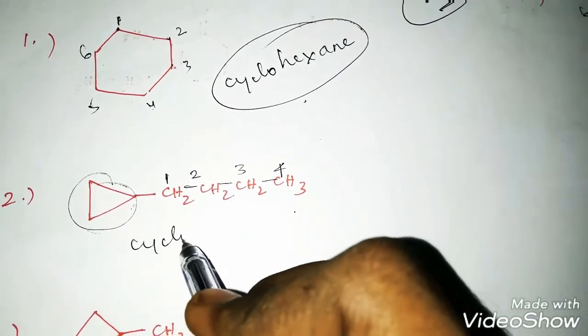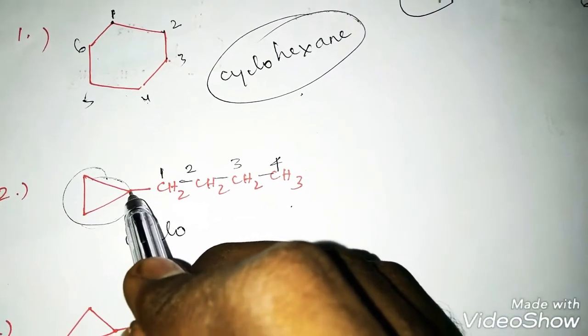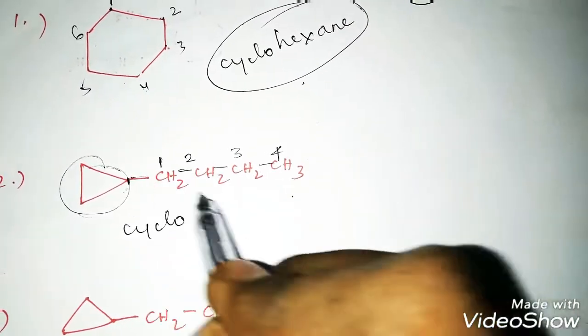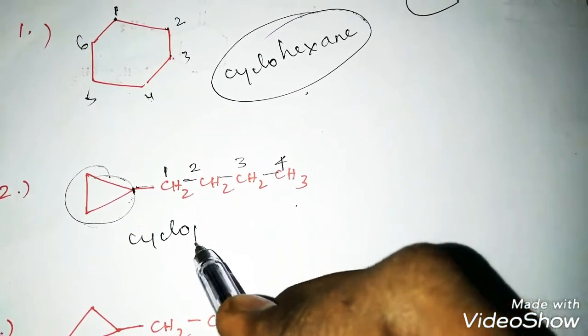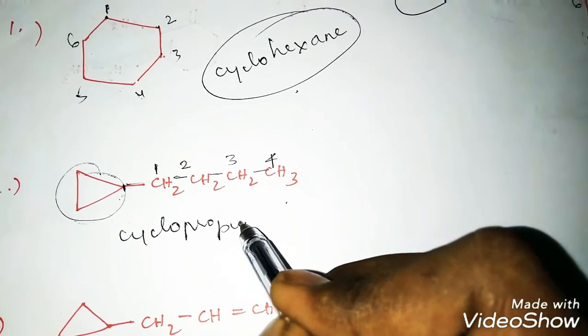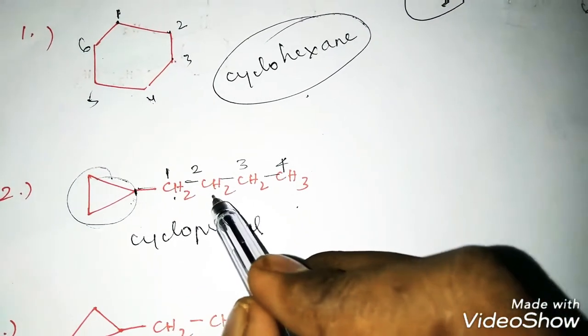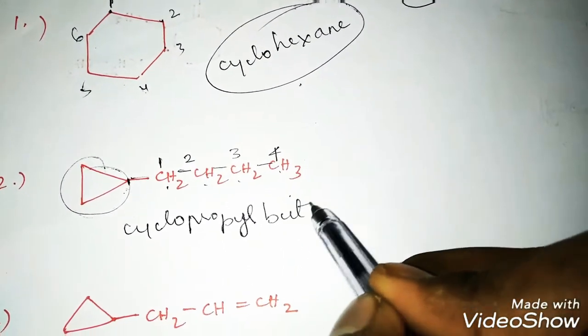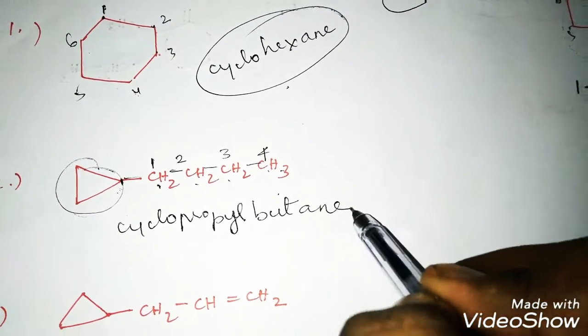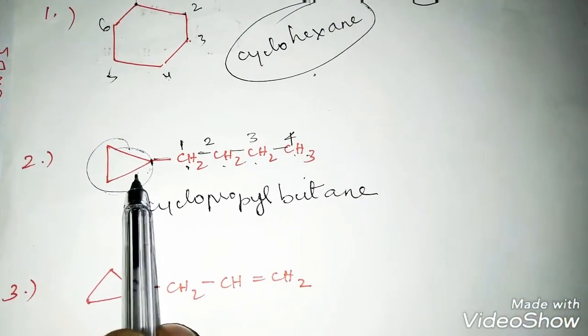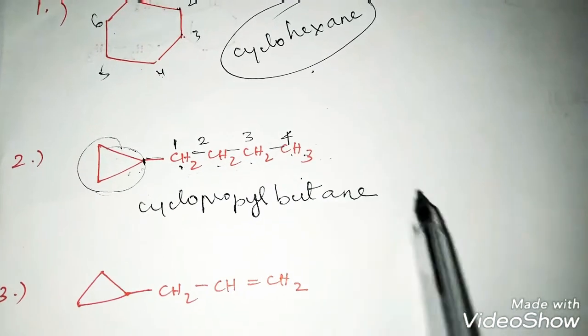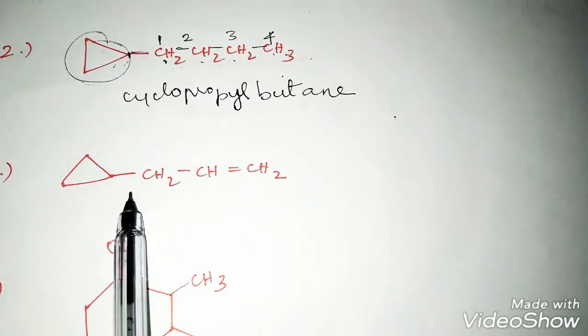Instead of a hydrogen on the butane, we are attaching this substituent. So it is cyclopropyl; meth, eth, prop, but. All are single bonds, so we use the term ane. So it is cyclopropylbutane. We'll move on to the next example.